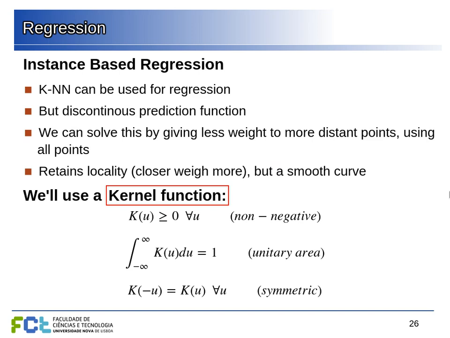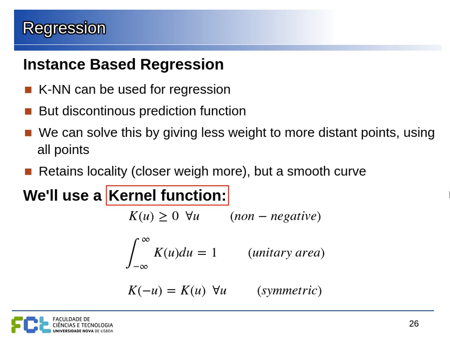A kernel function is a function that is non-negative. It has an integral of 1 when you integrate everything, and it's symmetrical. The values above 0 are the same as those below 0. So the value of minus u is the same as the value of u in this function.